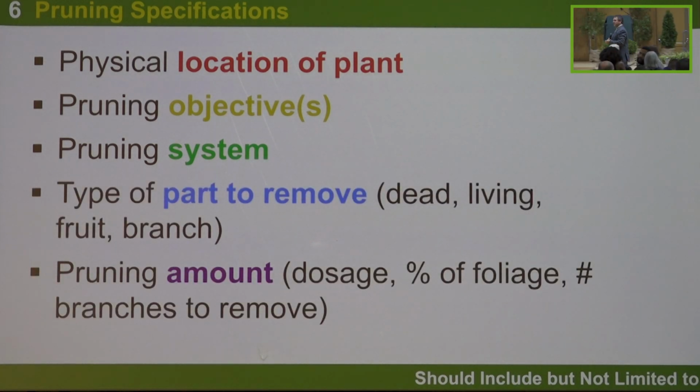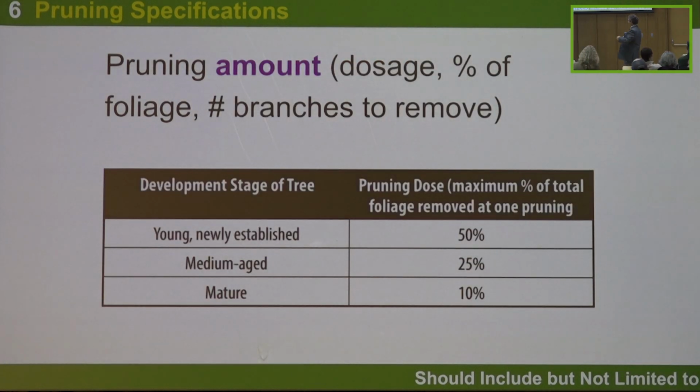But regardless, having the physical location, having things like what the objective or system is, the part to remove, how much dosage. If you know Lindsay Purcell, Lindsay, this is his table here, and we really don't have much science to say 50% is the magical threshold for a young tree. But we know old trees, less stuff or no stuff out of a tree unless you have a good reason to take it out, because older trees have less dynamic mass than younger trees. And things like location in the crown. Is it in the lower part for elevation? Is it on the side for utility line clearance?